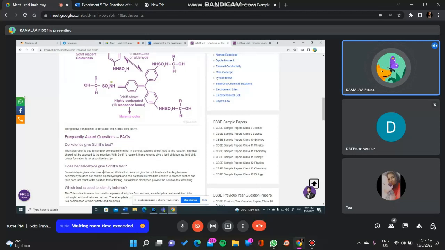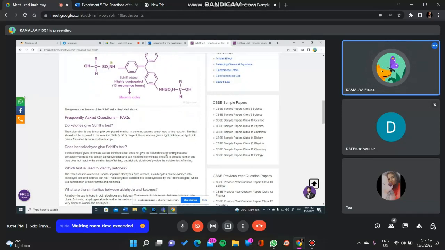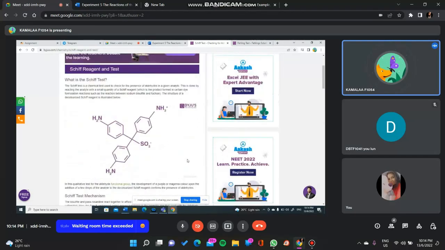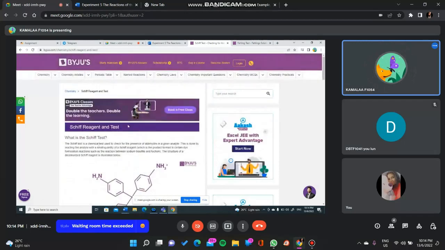Benzaldehyde gives Tollens' as well as the Schiff test, but does not give Fehling's solution test, because benzaldehyde does not contain alpha hydrogen and cannot form an intermediate enolate to proceed further. But aliphatic aldehydes do give Fehling's solution test. So that's all for the Schiff test.